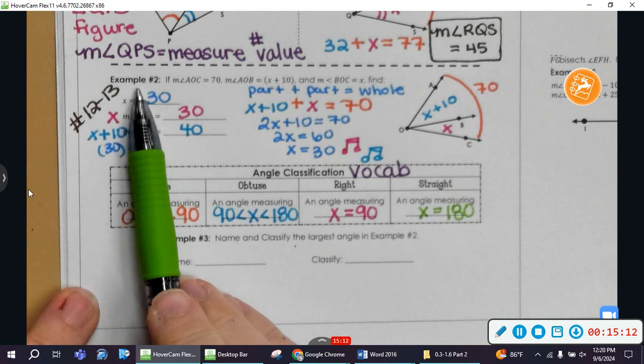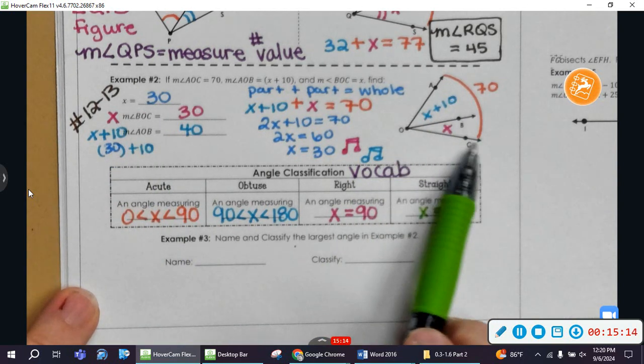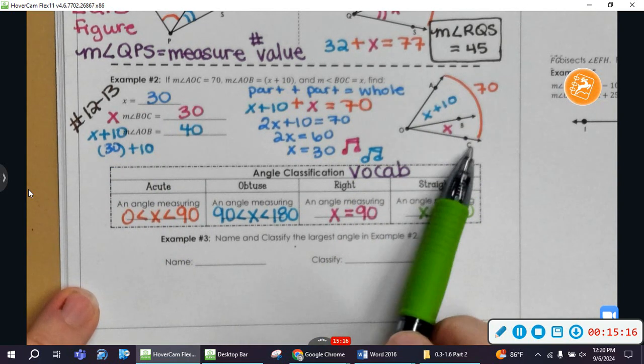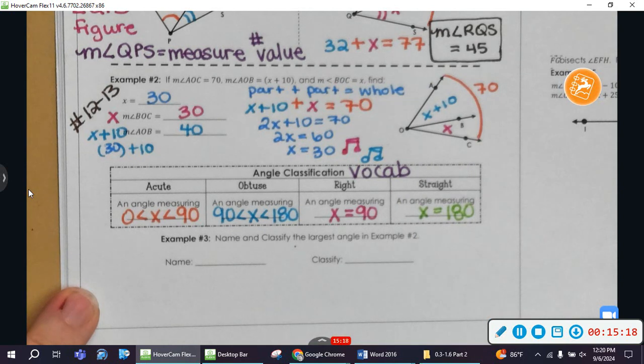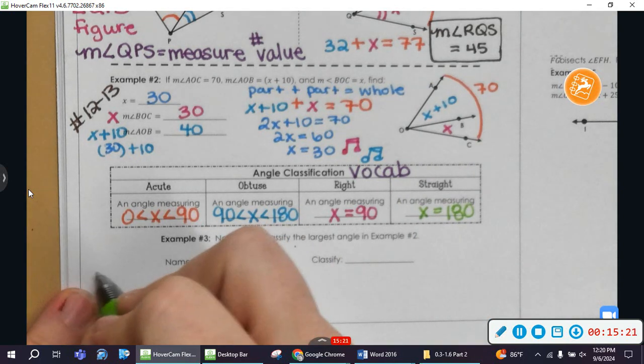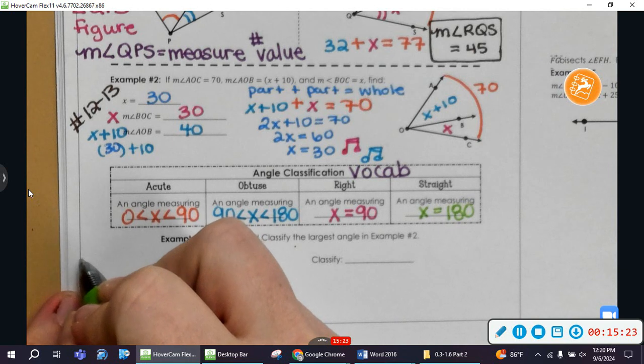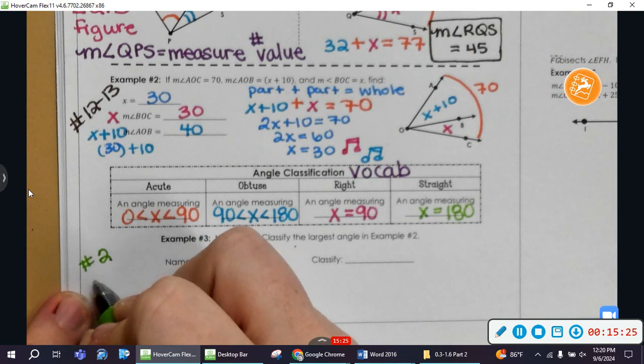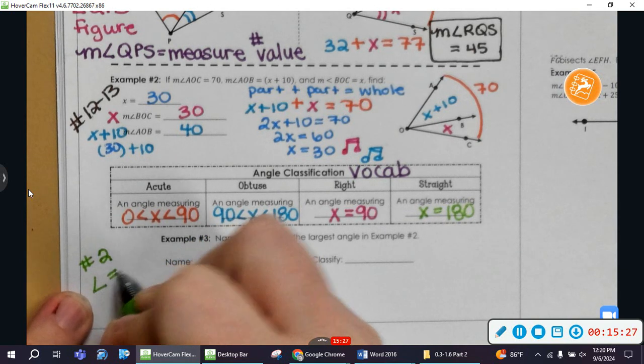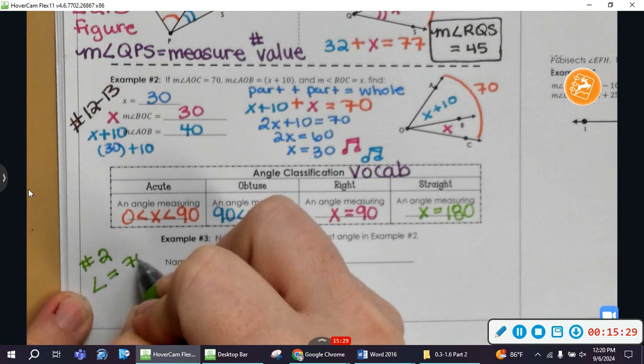So example 2 is right here. The largest angle is the whole angle, this one that's 70. So over here I'm going to talk about number 2. That angle has a measure of 70.